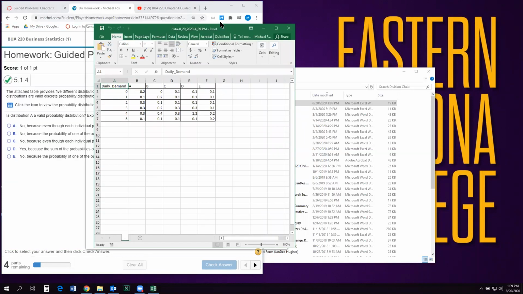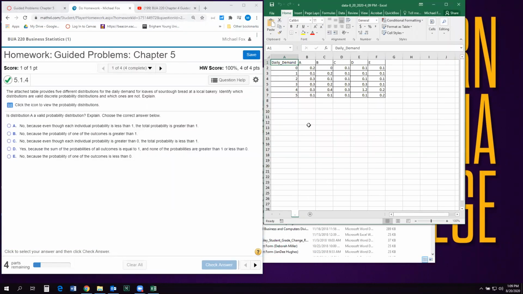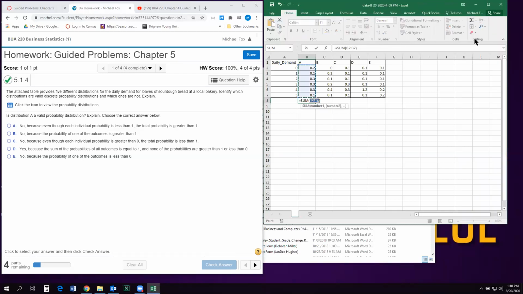All right. So it's going to be asking us about each one, like distribution A, B, C, D, etc. So the first thing I need to do for this is to take a total, or a sum, of each of these distributions.